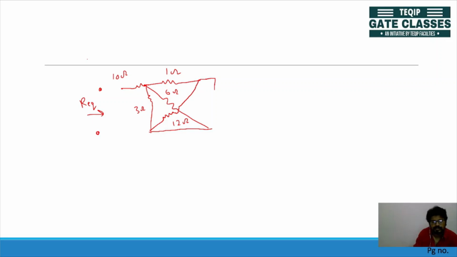Okay. So here we now have 6 ohm. Now this 6 ohm and this 12 ohm are sharing a common node here and they are sharing a common node here. The second terminal of 12 is here and the second terminal of 6 is also here, and this total is at the same node because of the short circuit.